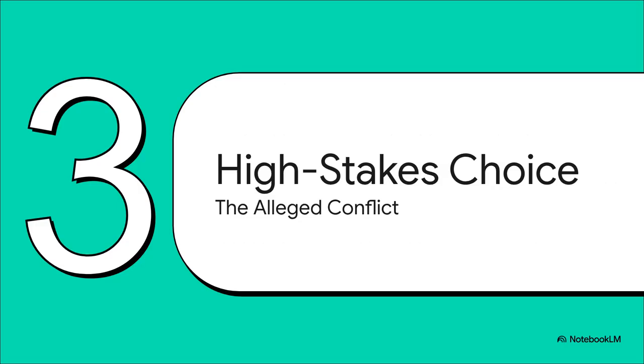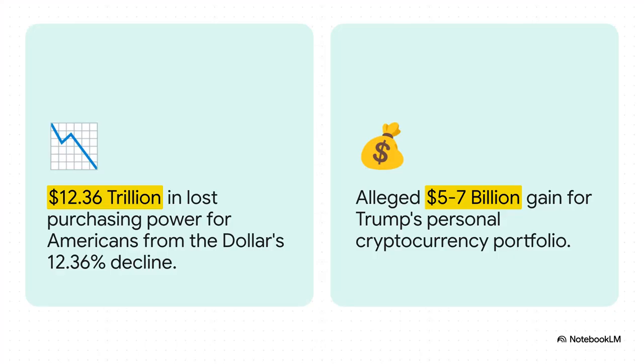So how does this all tie back to the Federal Reserve and the US dollar? Well, this is where the author connects all the dots, putting some pretty staggering numbers on what he calls a completely unprecedented conflict of interest. And here it is, the contrast at the absolute heart of his argument. On one side, he calculates that the dollar's decline has wiped out roughly $12 trillion in purchasing power for the American public.